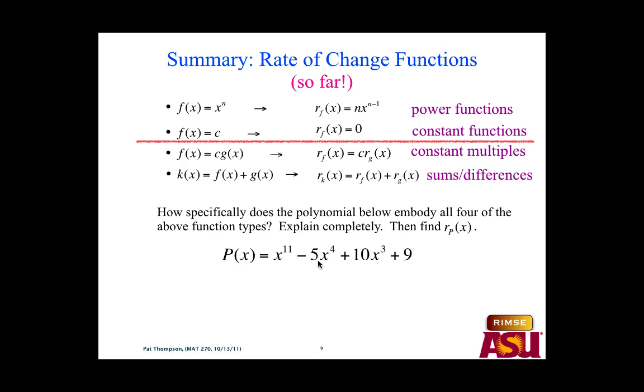In these terms, I can see that, oh, well, this is just plain x to the 11th, plain power function. This next one I can think of as being a negative 5x to the 4th added on to the previous term. So I can think, oh, I've got a sum. Well, the difference in this case is how it's written, but I could write this as plus a negative, or a negative 5 coefficient on this x to the 4th, a negative 5 constant multiple on that. We've got a positive 10 constant multiple on this x cubed, and well, that's just a constant.